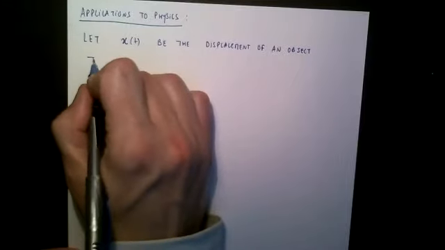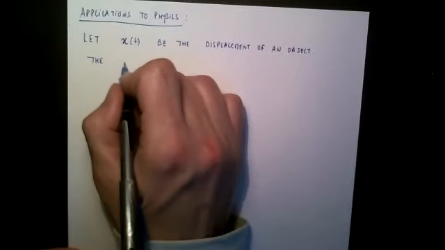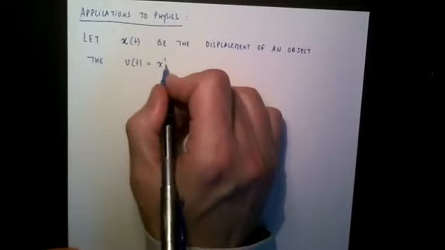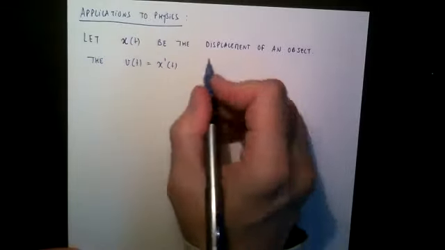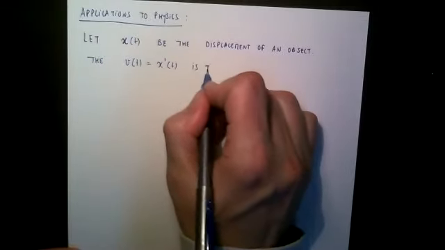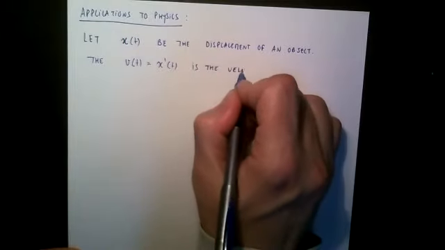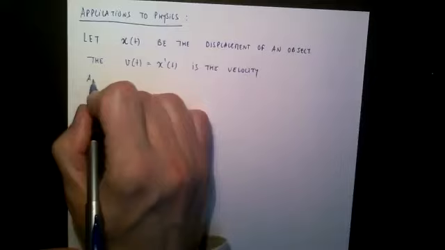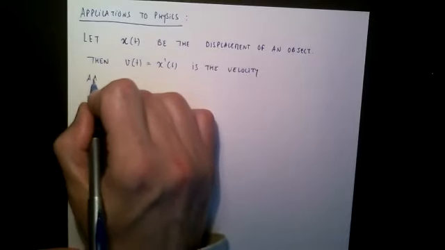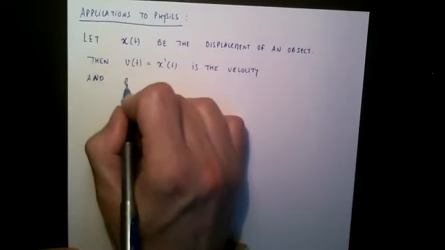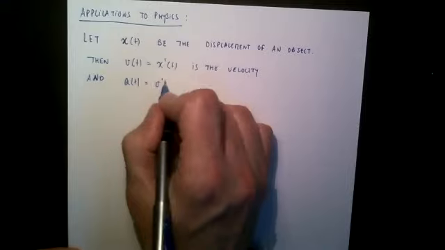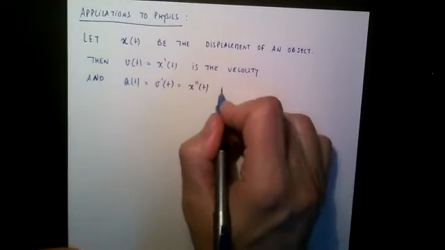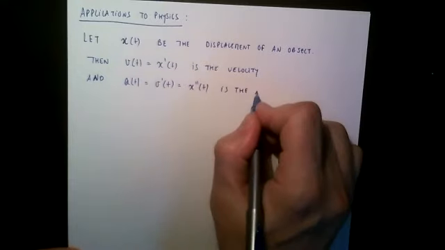Okay, then v of t equals x prime. The derivative is the velocity. And a of t, which is equal to v prime of t, which is equal to x prime prime of t, is the acceleration.